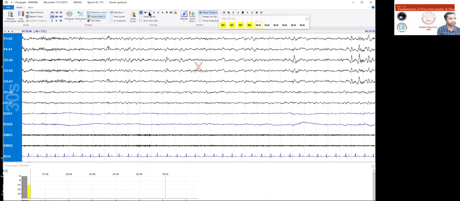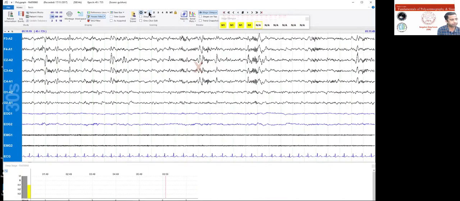So again N1, N1. What we have here is a K complex or vertex wave, and this is our spindle. So spindle is present, then what is it? It's N2 stage.